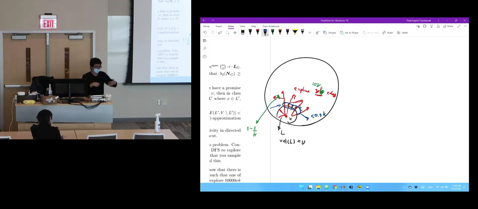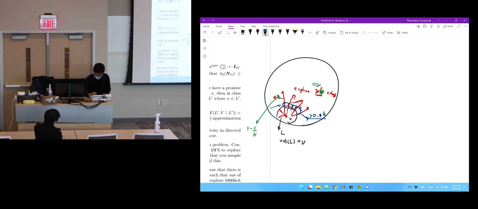You will detect this cut if it is small enough. If it is larger than 0.9k, you might not detect this, because you only sample outside 0.9k times. But that's fine because we are okay with approximation. Does it make sense? I think so.